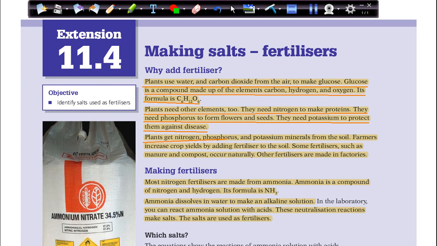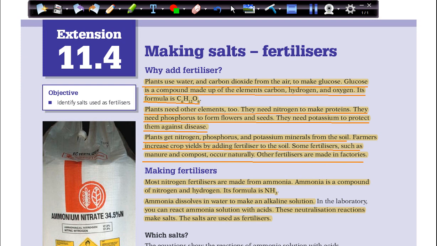Plants get nitrogen, phosphorus, and potassium minerals from the soil. Farmers increase crop yields by adding fertilizer to the soil. Some fertilizers, such as manure or compost, occur naturally. Other fertilizers are made in factories.